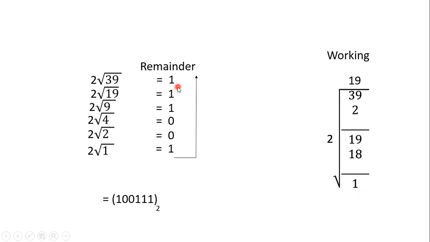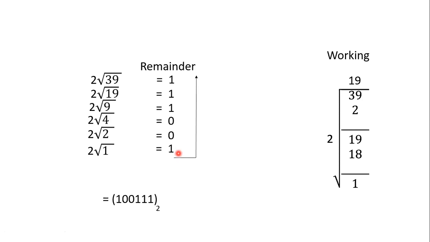Right now this 39 was divided and it gives us the remainder 1. Again, step down, take the 19 and divide it by 2, which gives us the remainder 1, and so on, until the division gives us the answer 0. When we divided 2 by 2, we had the answer 0, and here we had the answer 1.